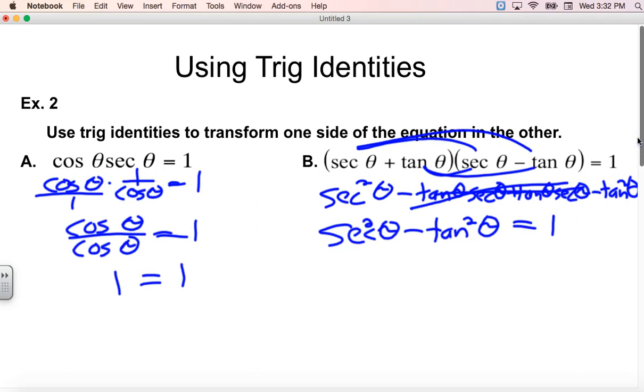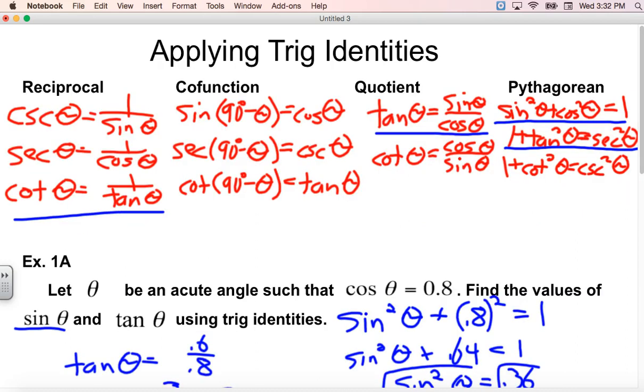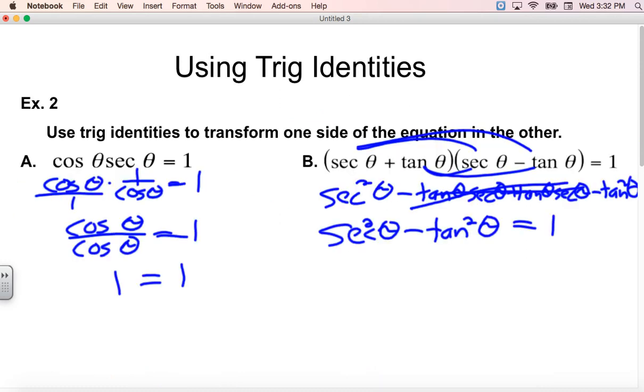So now what can we do? Well, remember we have a Pythagorean identity that says 1 plus tangent squared equals secant squared. So I can go back right here and replace this secant squared with 1 plus tangent squared, because those are equal to each other.